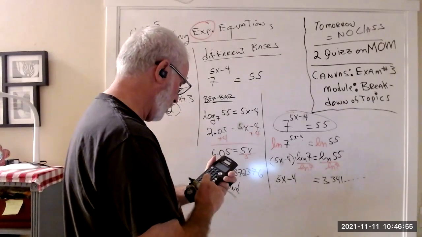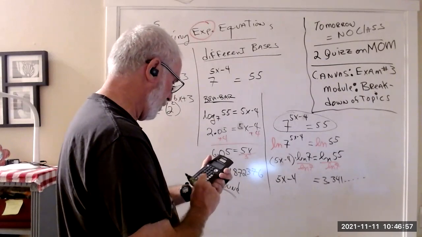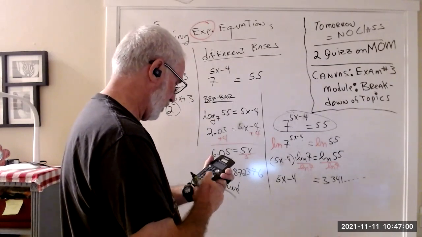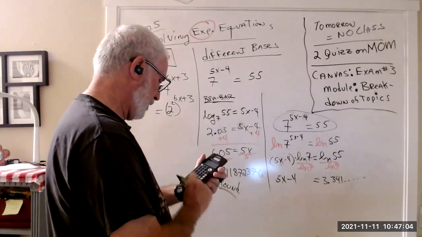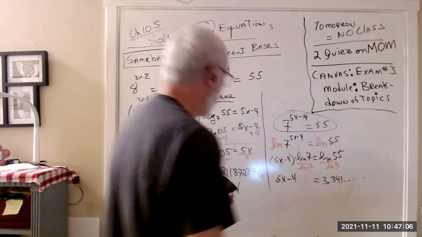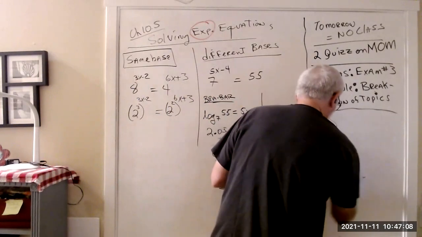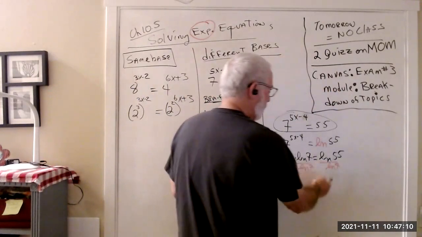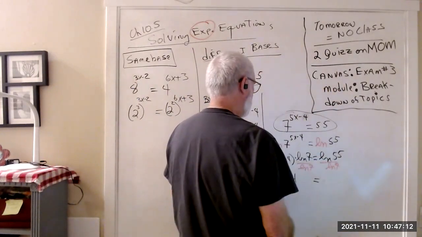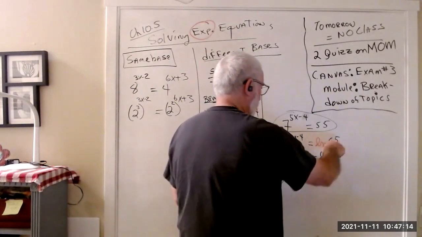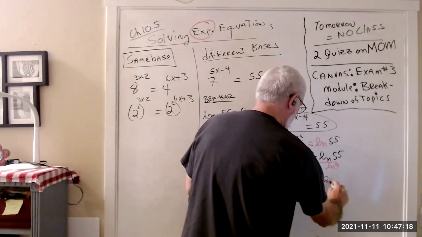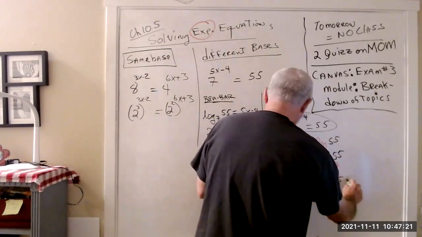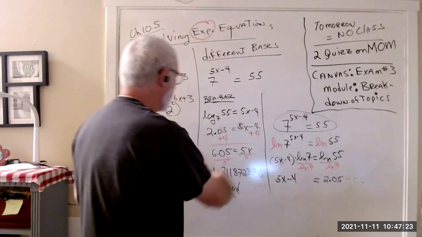You know what I did wrong? I did the ln of 7 divided by the ln of 55. But anyways, you're right, 2.05 something, something, something. The same thing we got here.